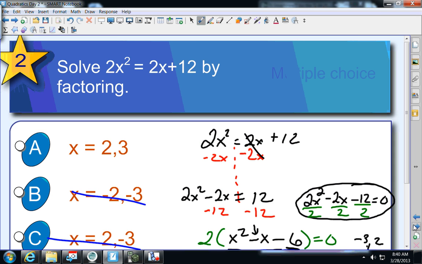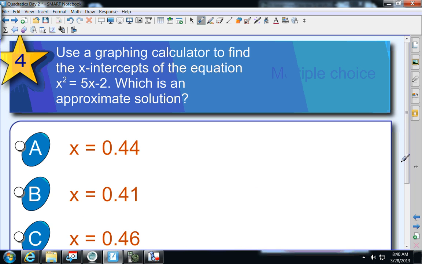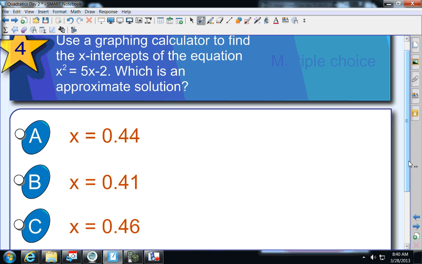Oh, I'm still going backwards. Crazy me. All right, here's the last one. Using the graphing calculator, find the x-intercepts of the equation x squared equals 5x minus 2, which is an approximate solution. Approximate, so that means it's not going to be exact.